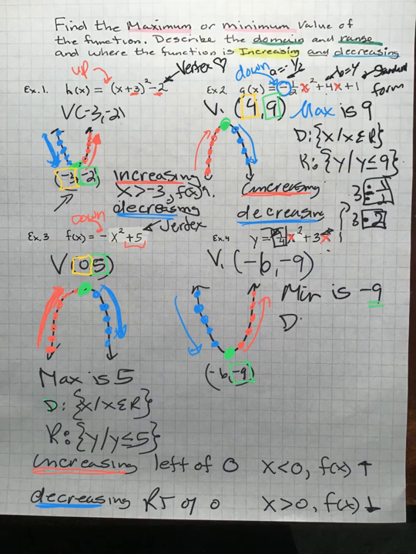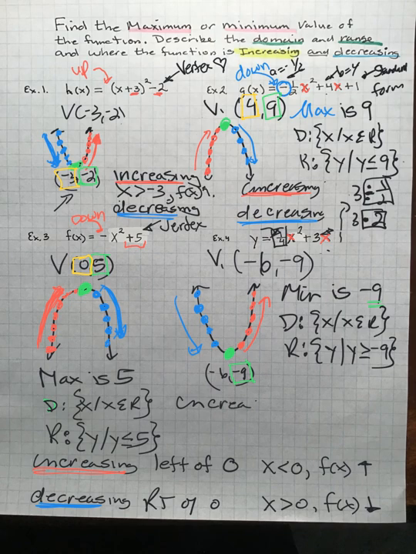So our domain, you guys know, is x such that x is all real numbers, and the range is y greater than or equal to negative 9. And then when is it increasing and when is it decreasing? So it is increasing to the right of the vertex.